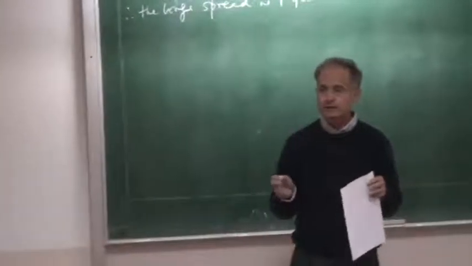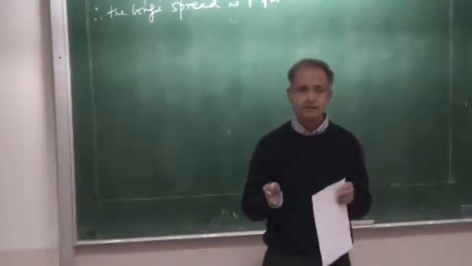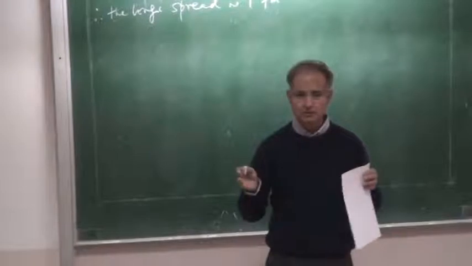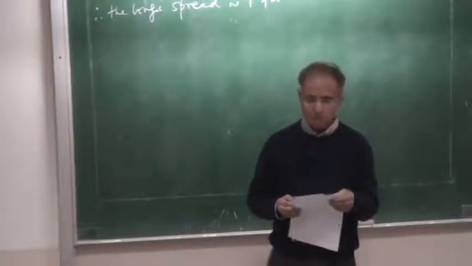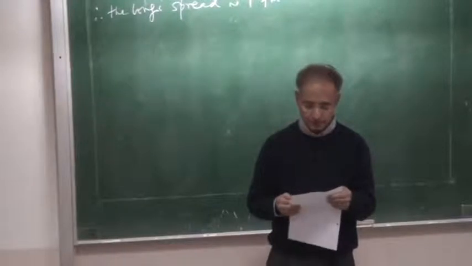So the collision of two ultra-relativistic nuclei can be looked upon as the collision of two clouds of partons, or clouds of V partons.